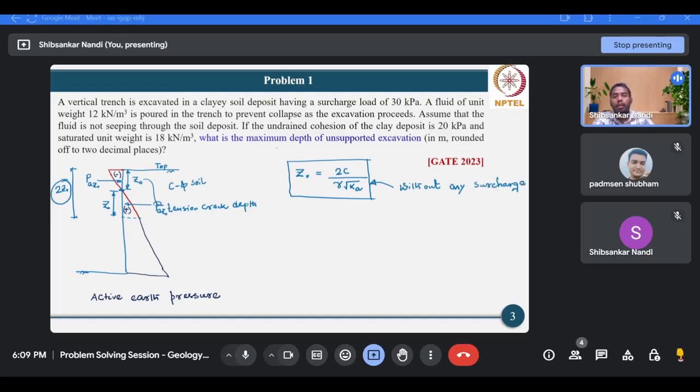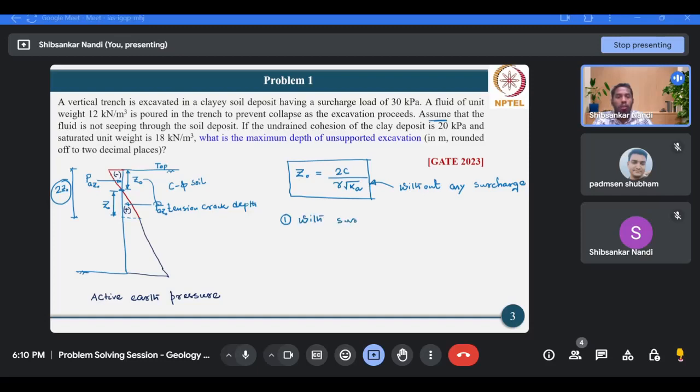Now, as you can see in this problem, there is a surcharge, and at the same time, some fluid is placed inside the excavation trench. So we'll see what will be the consequences of putting this kind of fluid in the excavation trench, and we are also assuming that the fluid is not seeping through the soil deposit. So here we'll consider two cases. The first one is with surcharge.